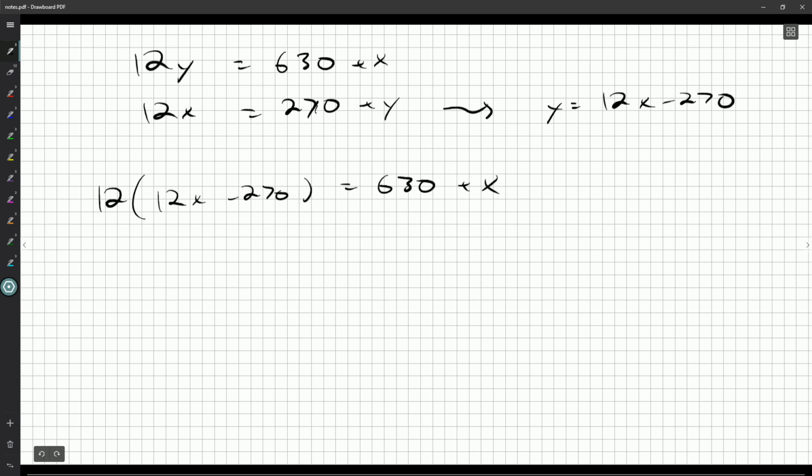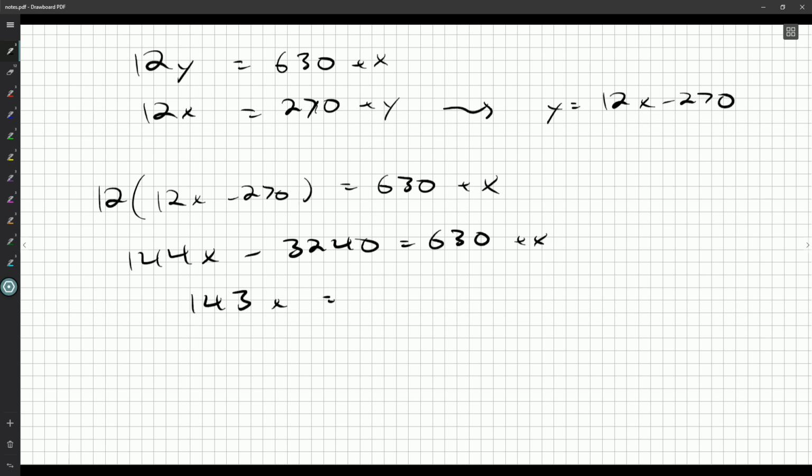All right, so we get 144x minus, let's grab my calculator to make this go a little faster, 12 times 270, minus 3240 equals 630 plus x, so 143x should be 3870. And does that actually, it's not a multiple of 143.